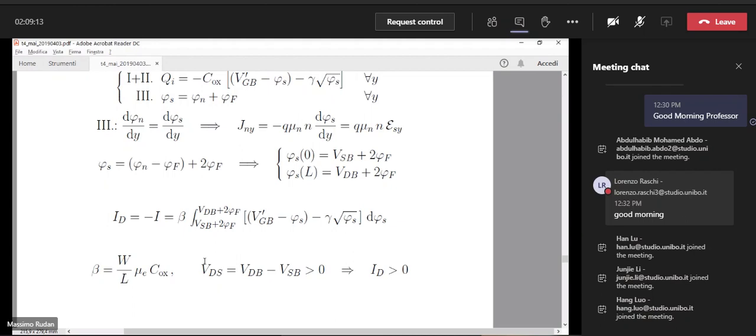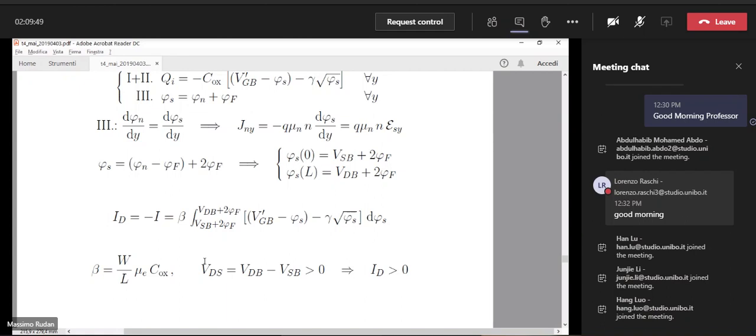But you remember very well that in the analysis of circuits, it is preferable to refer the voltages to the source contact, VDS, VGS, and VBS, okay? But the transformation is very easy, of course. So at some point later, we shall consider this transformation.